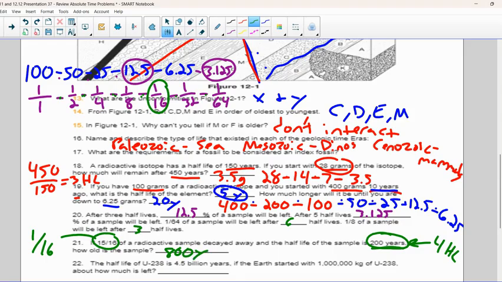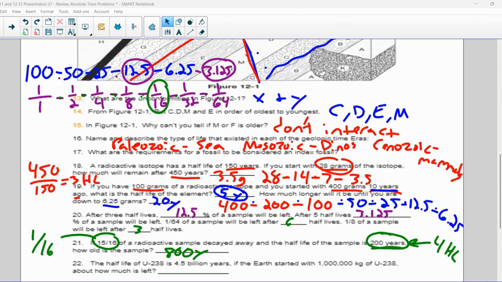Sorry about that. Okay. And then the half-life of U-238 is 4.5 billion years. I can't read this because there's something over it. So if the Earth started with 1 million kilograms of U-238, how much is left?